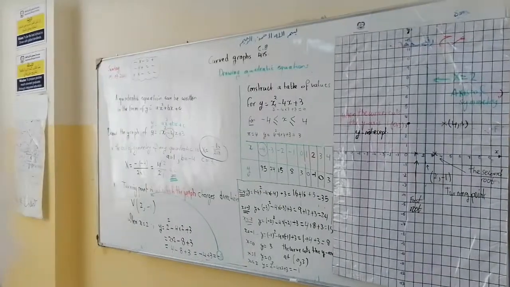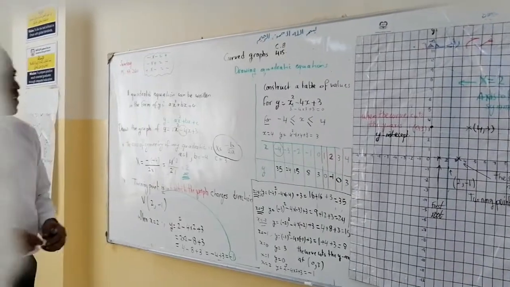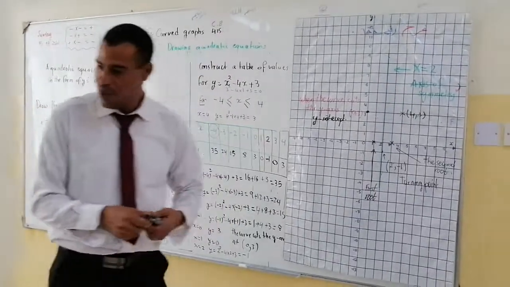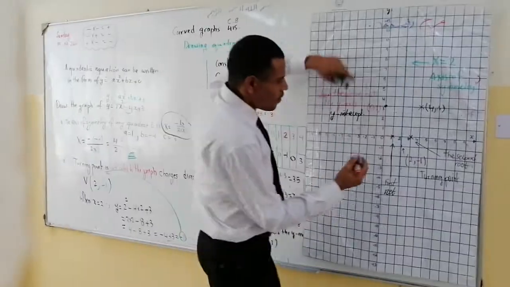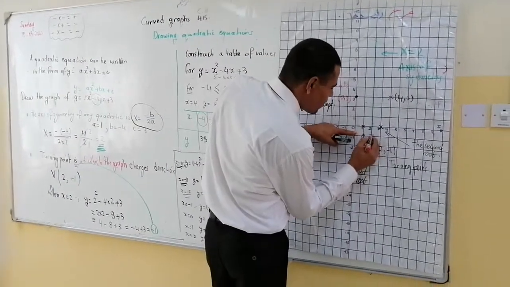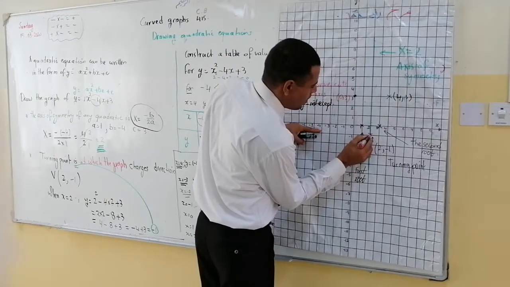Now I will try to join these points to draw the graph of this parabola. I will use the red one. So we said this is the vertex, and this is my parabola.